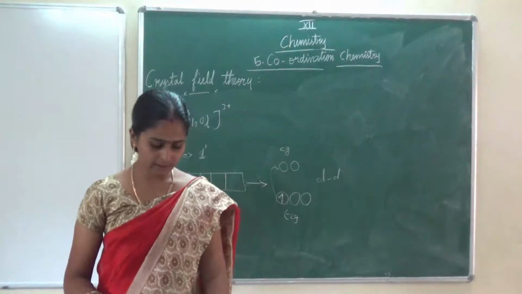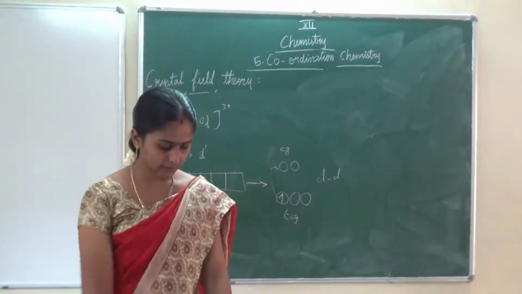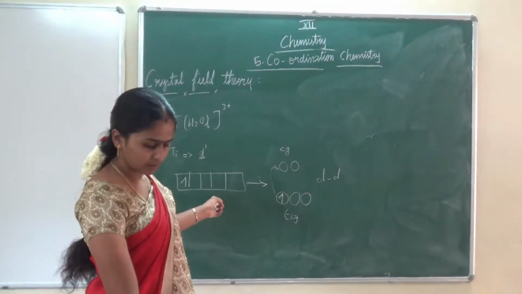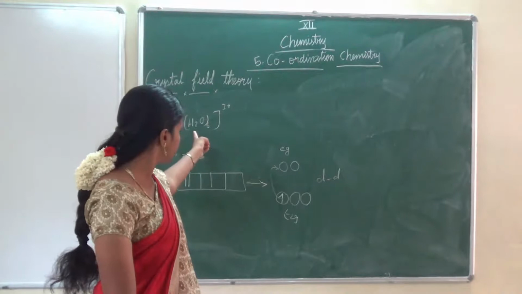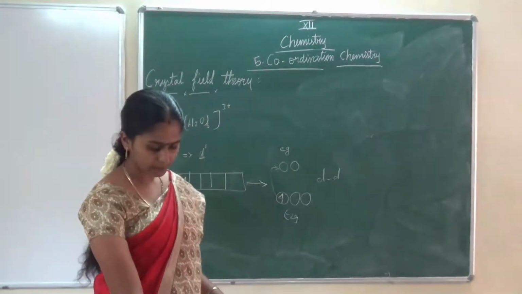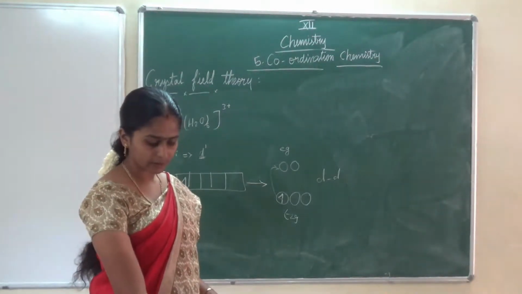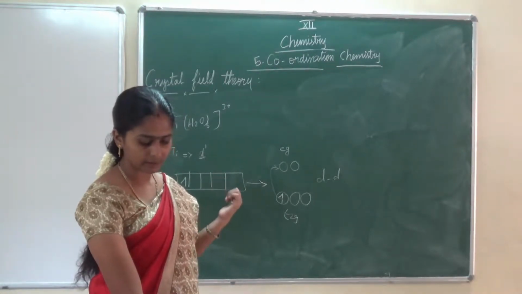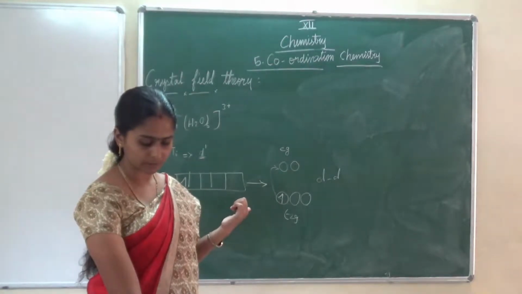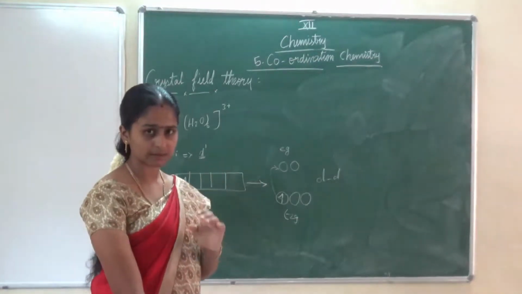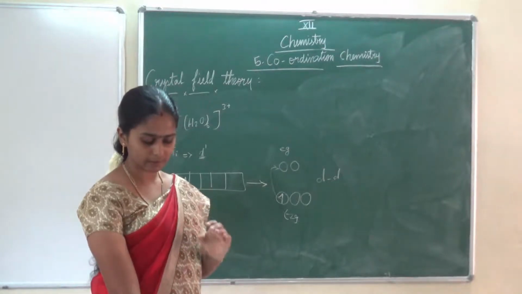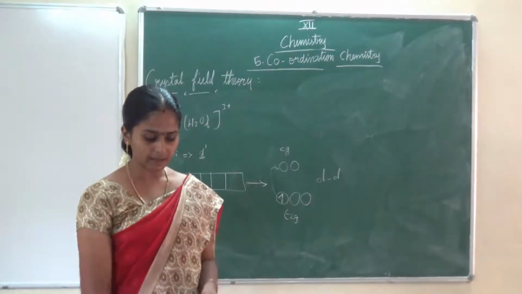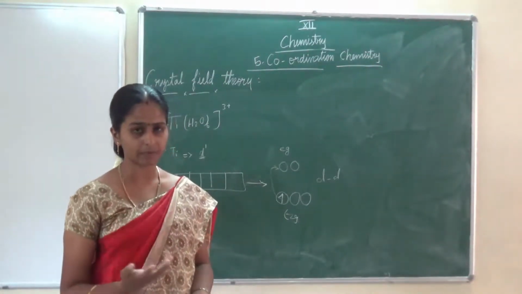Based on that, for the spectral data, the absorption of this titanium aqua complex is here 20,000 centimeter inverse. Corresponding to the crystal field splitting energy, it is 239.7 kilojoule per mole. According to this crystal field splitting energy, the transmitted color associated with this absorption is purple, and hence the complex appears purple in color.